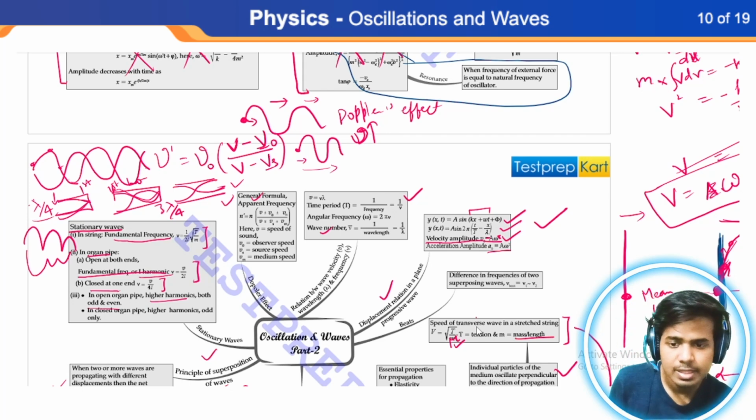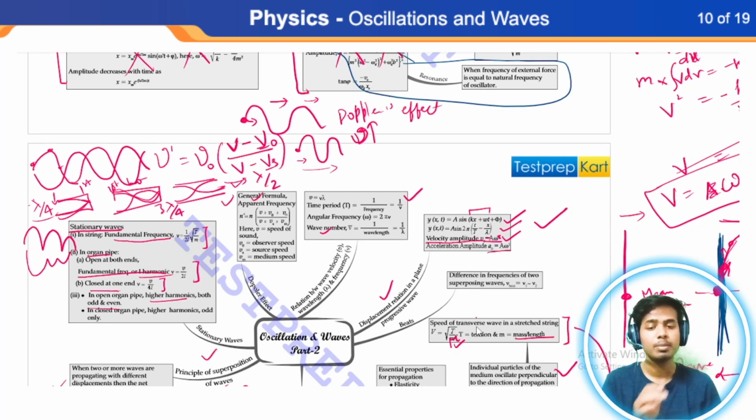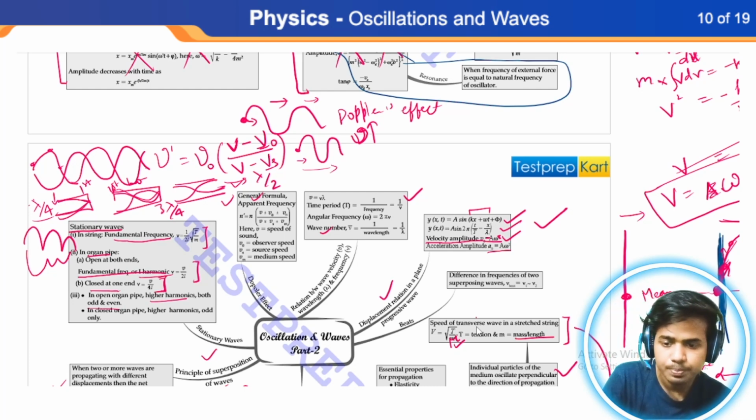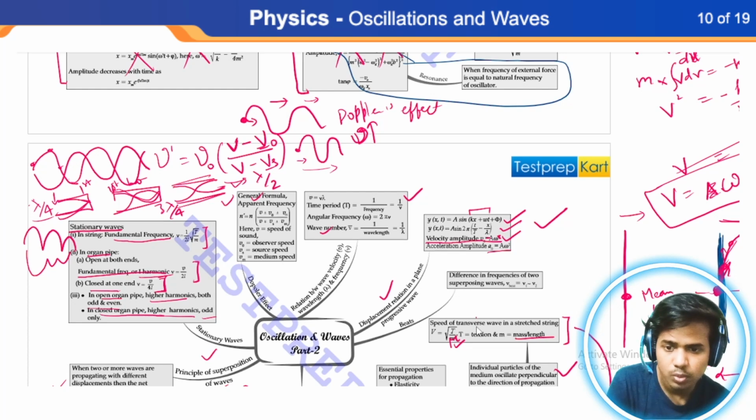While in this case it is taking up lambda by 2, and when you complete another cycle inside the open pipe, it will be the complete lambda, and then it will be 3 by 2 lambda. So it is in the multiples of lambda by 2. That is why it will end up giving this value. In a closed pipe, higher harmonics are odd only, and in the open organ pipe, both odd and even.